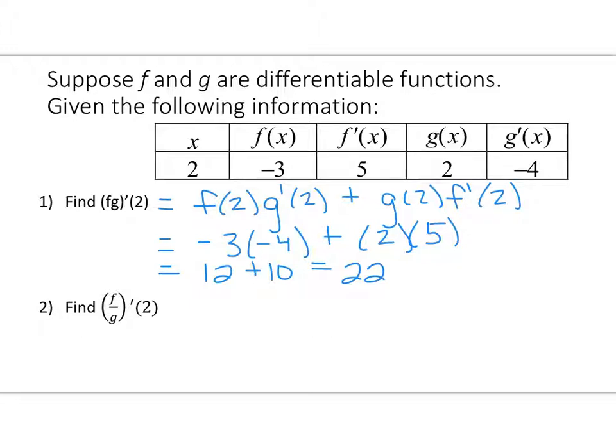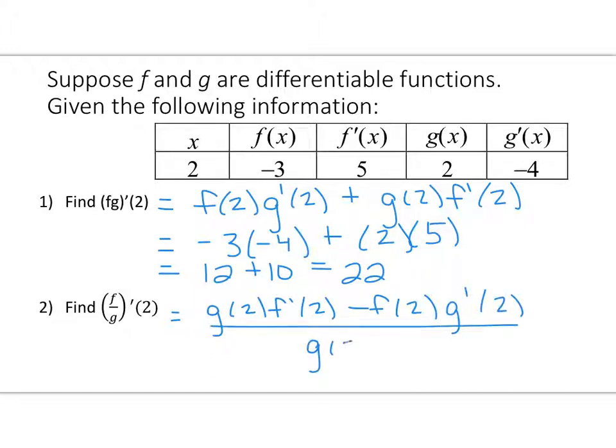So I have f over g prime of 2, so this is going to be low, g of 2, times high, f prime of 2, minus high, f of 2, d low, g prime of 2, all over low, g of 2, squared. And now I'm just plugging in those values.